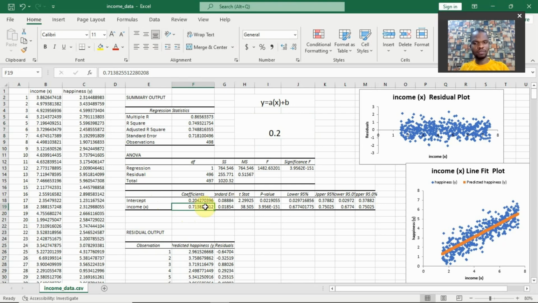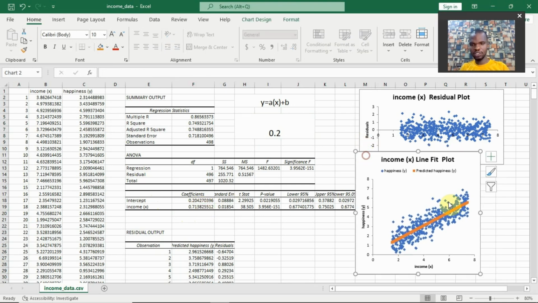So you may not be a statistics student or a math student, but we are saying that the movement of this line has that weight of 0.7, and because it is positive, it is heading in this direction. Depending on how you see it.